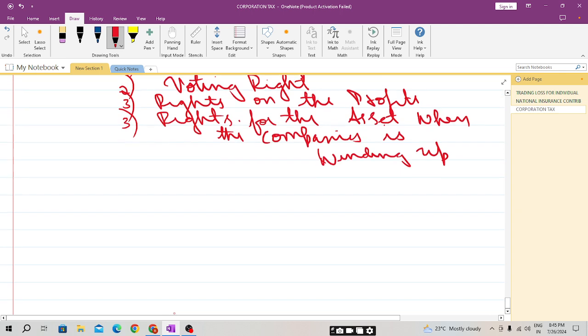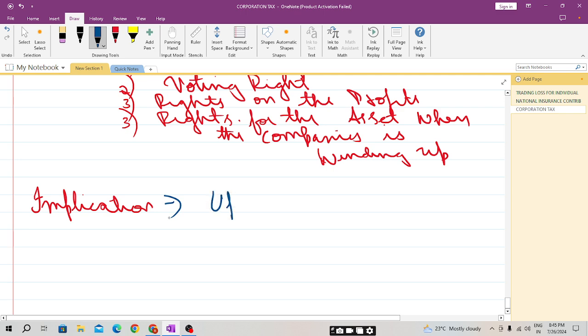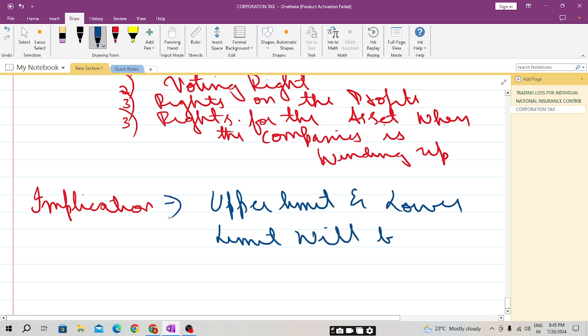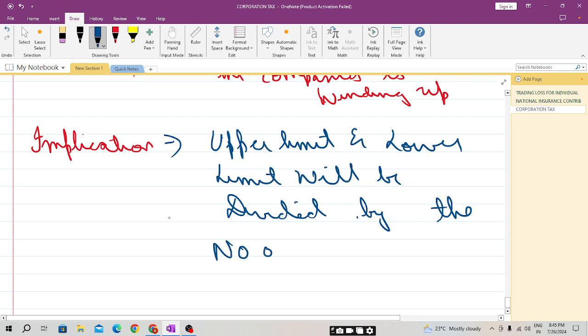And students, we have seen the implication of an associated company is that the upper limit and lower limit will be divided by the number of associated companies.